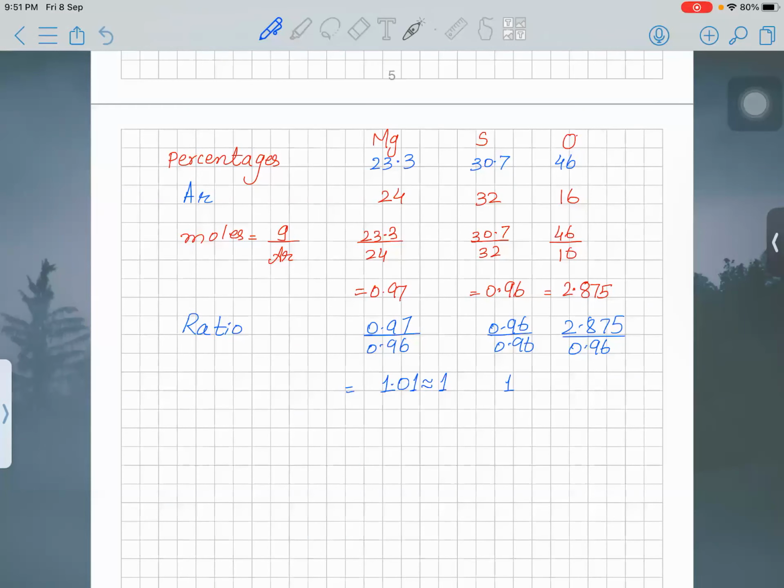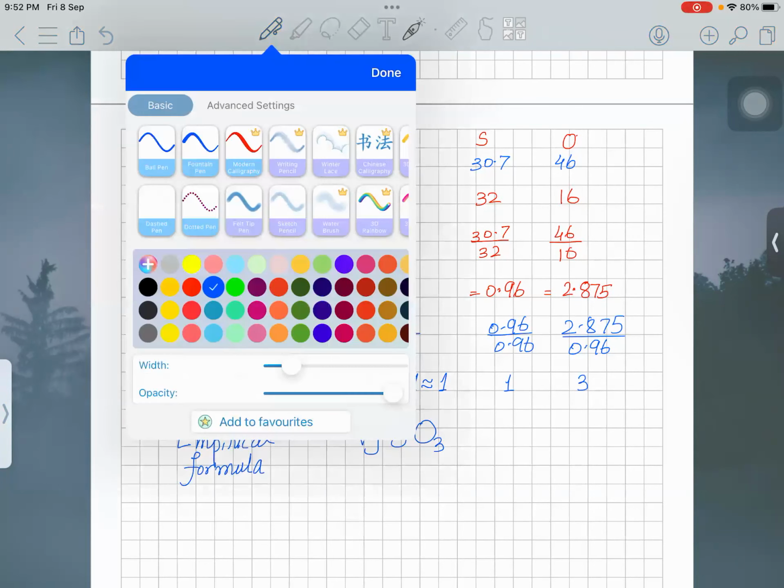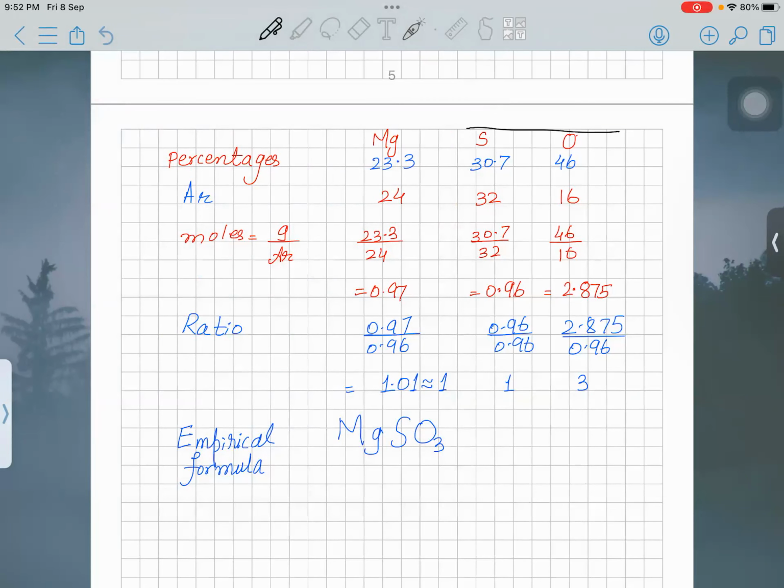Now 2.875 divided by 0.96. Sir, 2.99, which is 3. So it means the empirical formula is MgSO3. This is the empirical formula. Any question? Yes, sir.